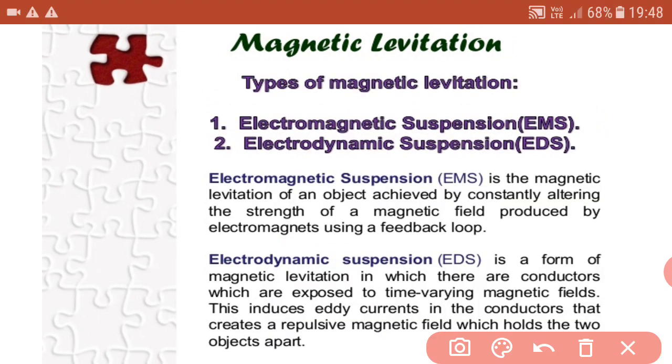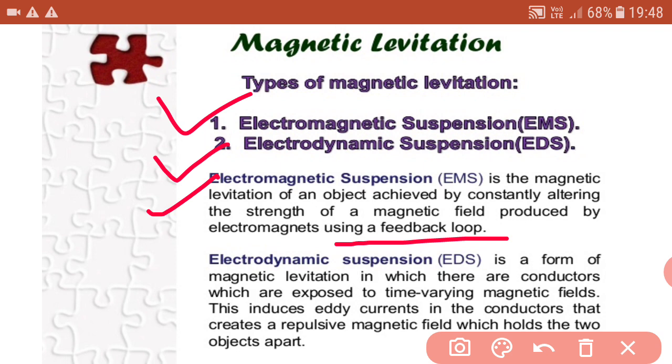Now the types of magnetic levitation. One is electromagnetic suspension and another one is electrodynamic suspension. In short form, these are known as EMS and EDS. First we will see electromagnetic suspension, EMS. EMS is the magnetic levitation of an object achieved by constantly altering the strength of the magnetic field produced by electromagnets using a feedback loop.